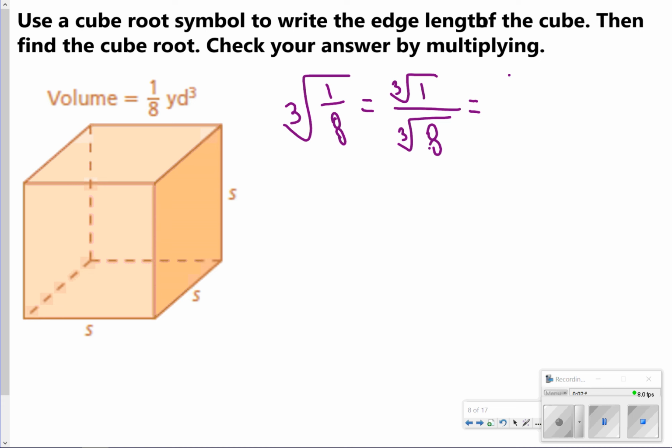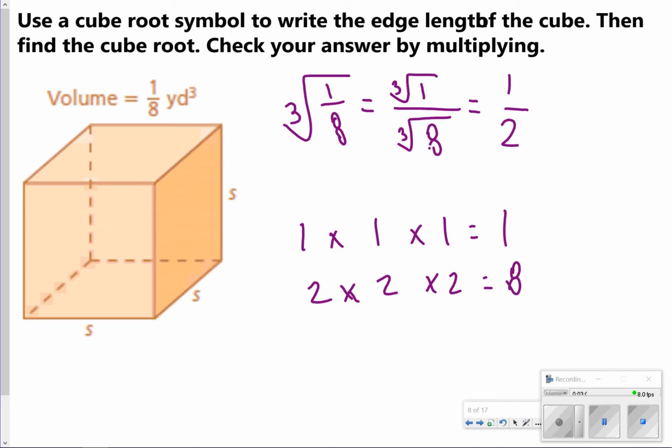The cube root of 1 is equal to 1 because 1 times 1 times 1 is still 1. The cube root of 8 is 2 because 2 times 2 times 2 is equal to 8. Therefore, the cube root of 1/8 is equal to 1/2, which means all of these sides are equal to 1/2.